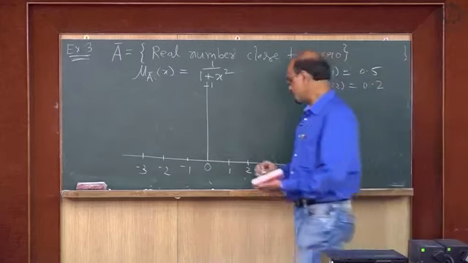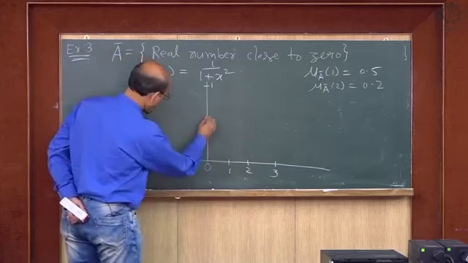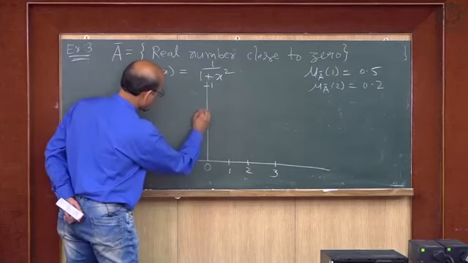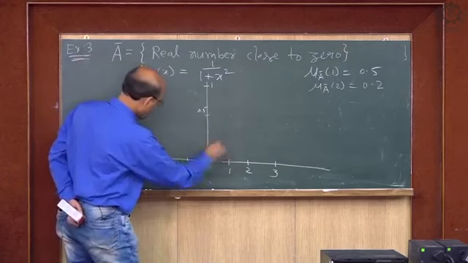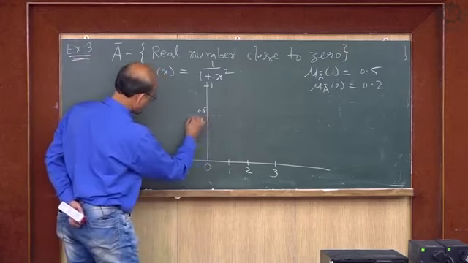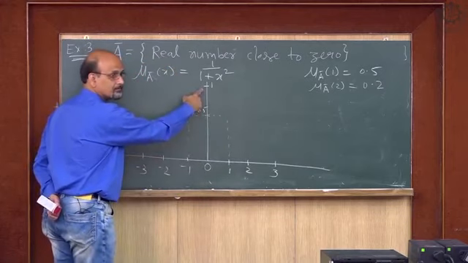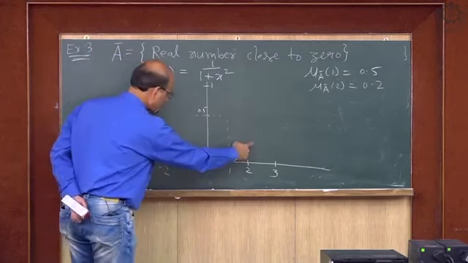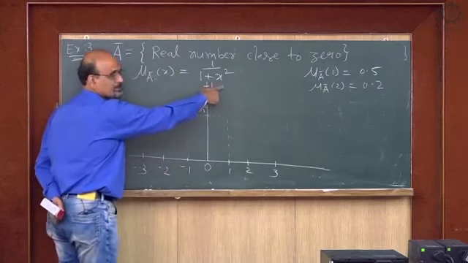So for 1 I have 0.5, but at 0 it is 1, at 2 it is about 0.2, and the same for -2 and -1 because the square is there.